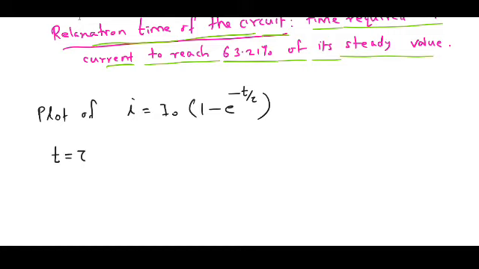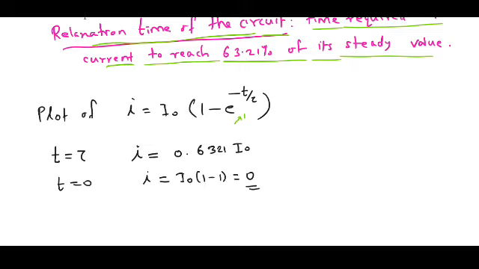When t is equal to tau, what will be our current? Just now we have seen when t is equal to tau, this will be 0.6321 I0. When time t is equal to 0, what will the current become? t is equal to 0 means this term will be 1, then 1 minus 1, our equation, this will be I0 into 1 minus 1, it is nothing but 0.